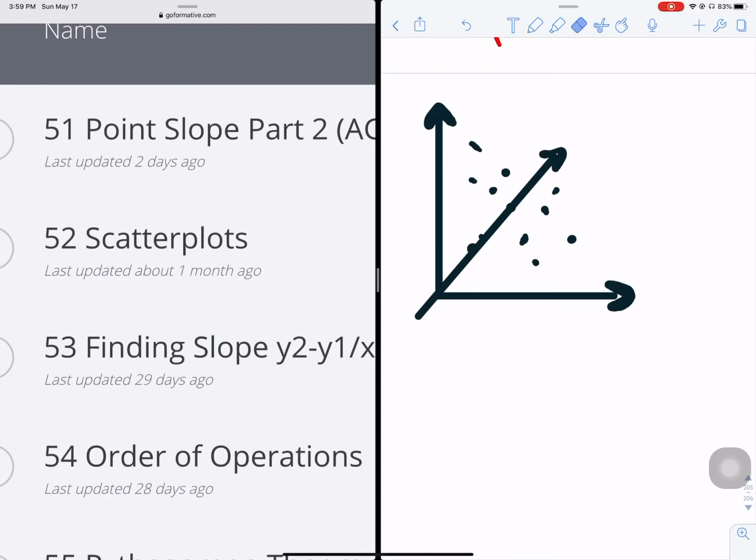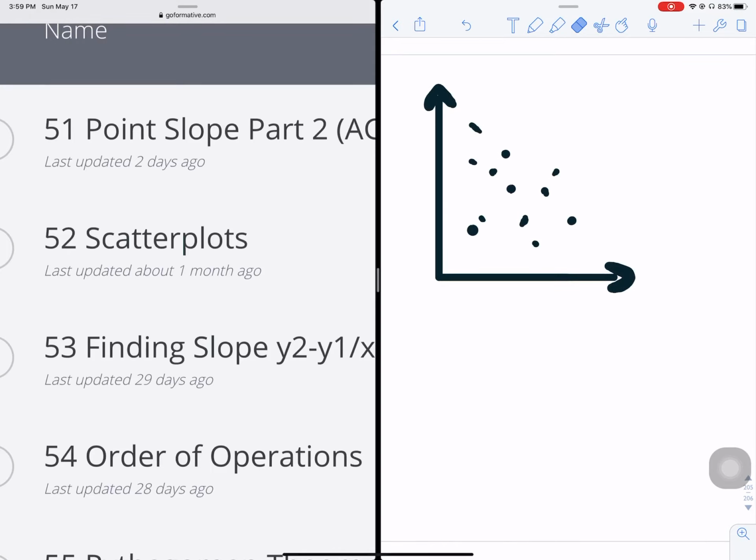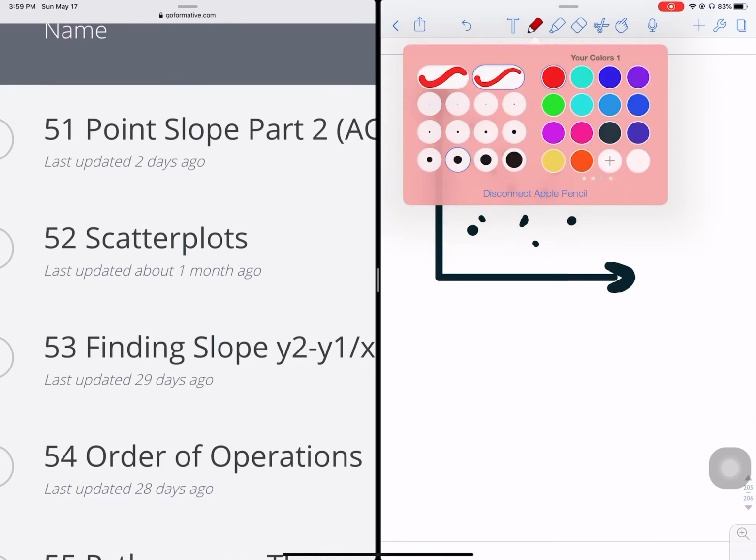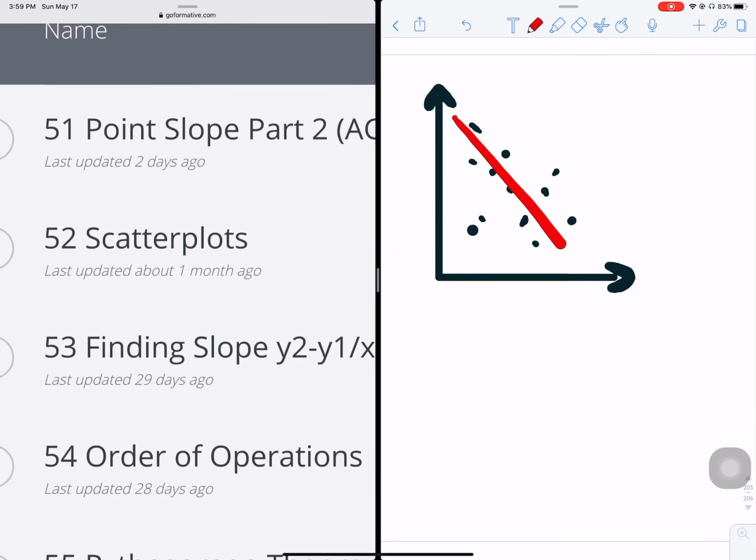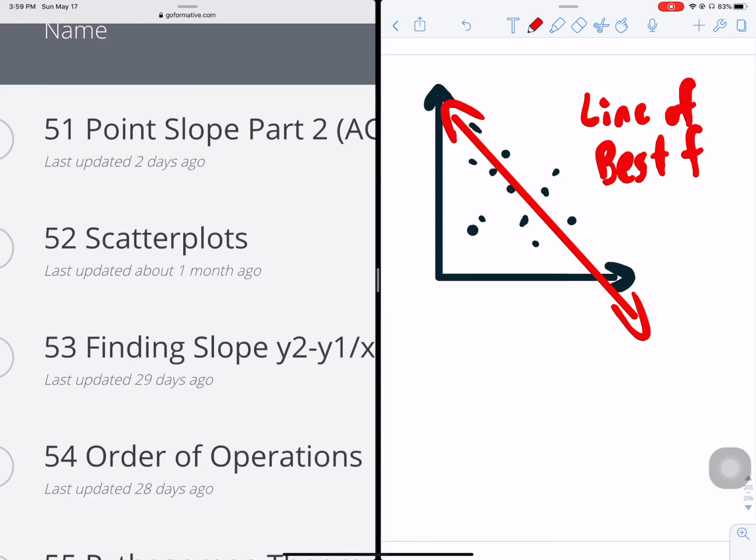So if you're plotting on a graph and you're looking at a graph like this, it's hard to decide where a line should go. I could do my best to draw a line that covers like in between them, but that's not what this lesson necessarily is about. This could be considered a line of best fit, what I just drew, but that's really not what we're doing right now.